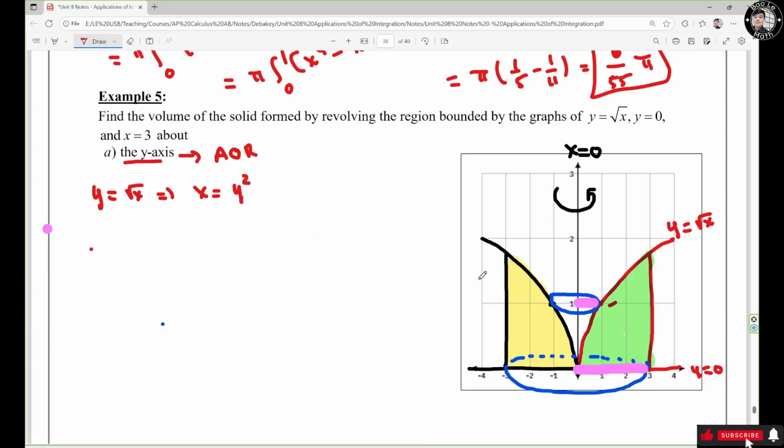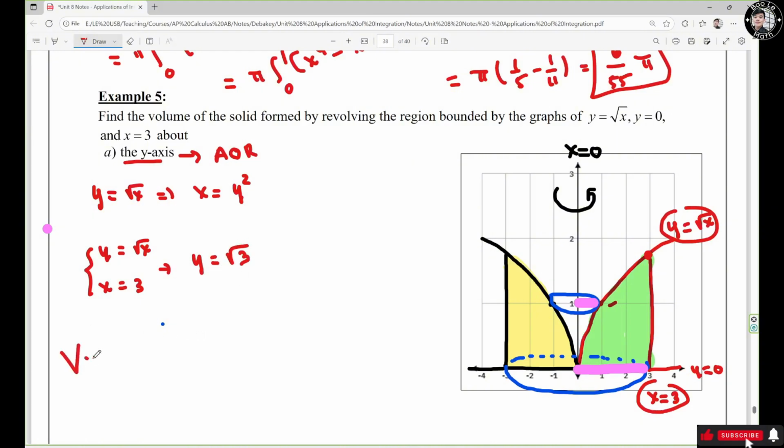And this one right here, s equals 3. So you need to find the intersection by solving a system of equations: y equals square root of s and s equals 3. Substitute 3 for s into the first equation, I have y equals square root of 3.